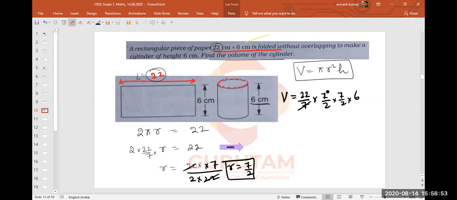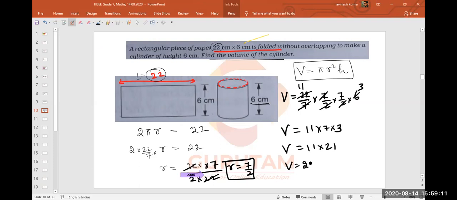You can cancel out this, this 11, this 3. So volume will become 11 times 7 times 3, so 11 times 21, which is 231. The unit is centimeter cube.